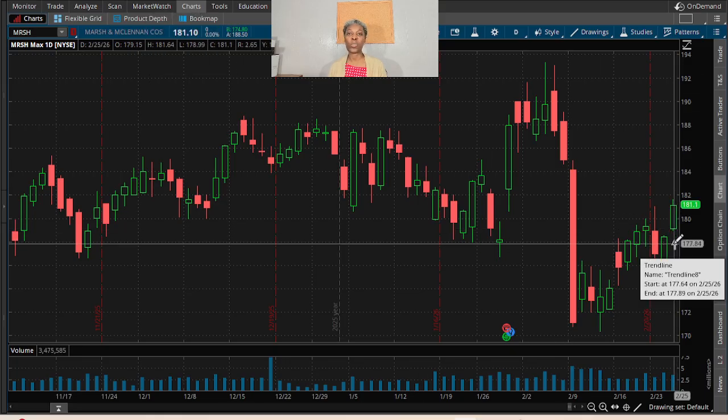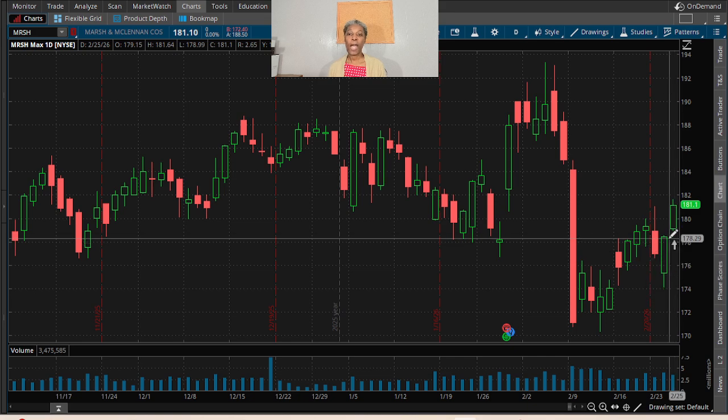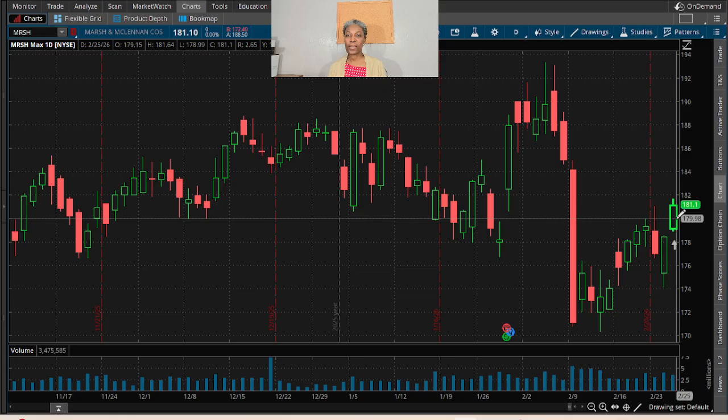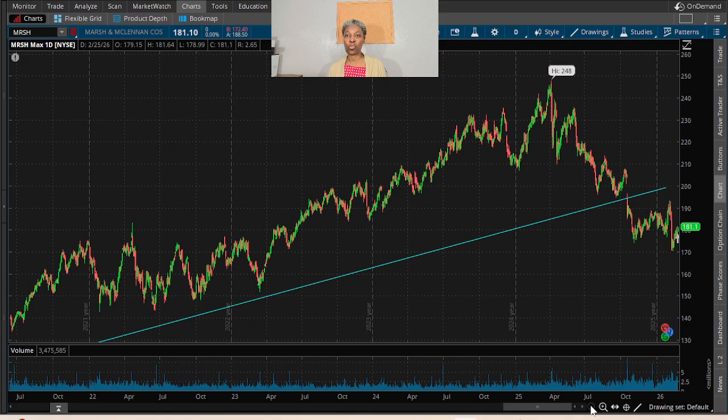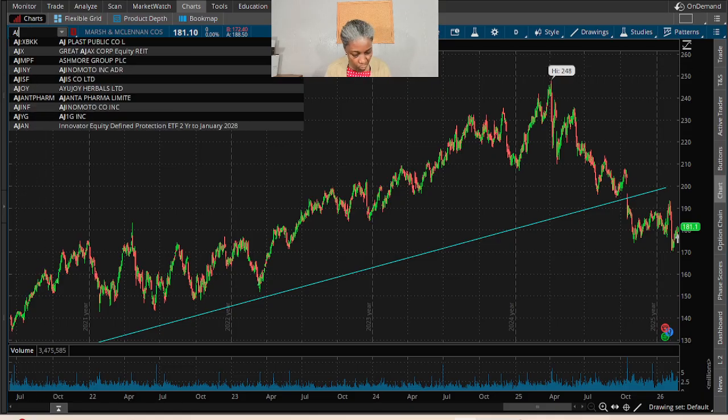I just make sure it's below the bar, so that it's easy for me to locate without zooming, and I can reference it and see what I purchased and when I purchased it.